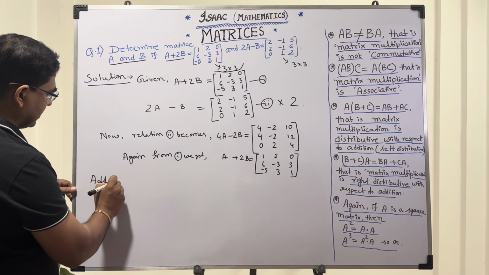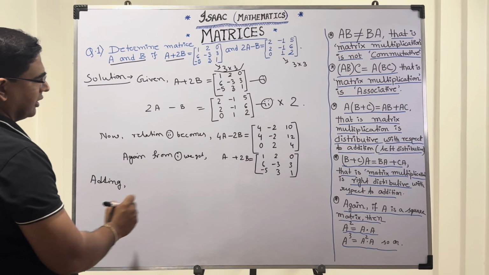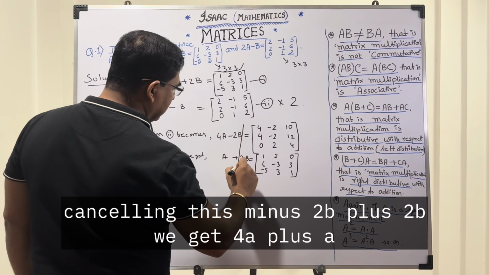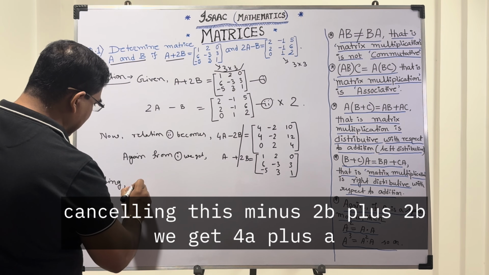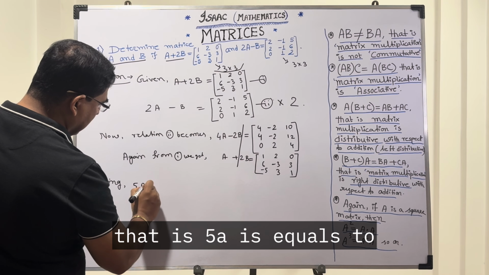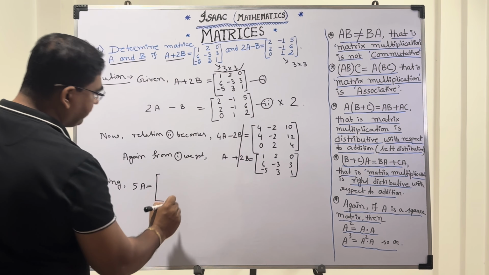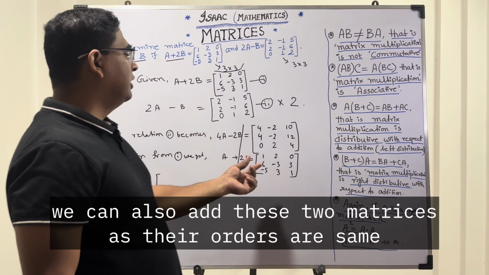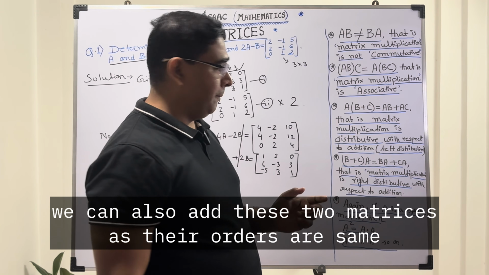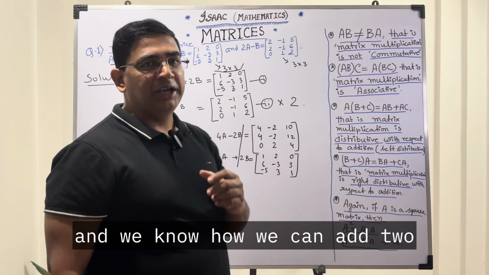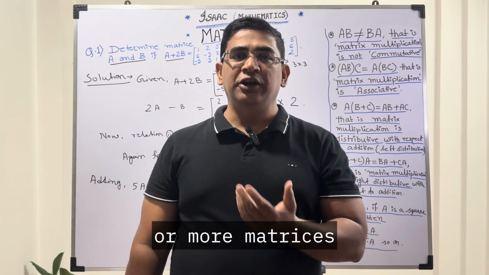Adding, cancelling this -2B + 2B, we get 4A + A, that is 5A is equal to, we can also add these two matrices as their orders are the same, and we know how we can add two or more matrices.